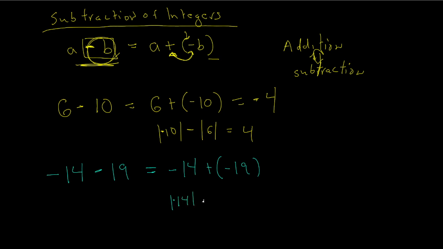Negative 14 plus the absolute value of negative 19, so that gives me 14 plus 19, which is equal to 33. But they were the same sign, so that's the sign of my answer, negative 33.